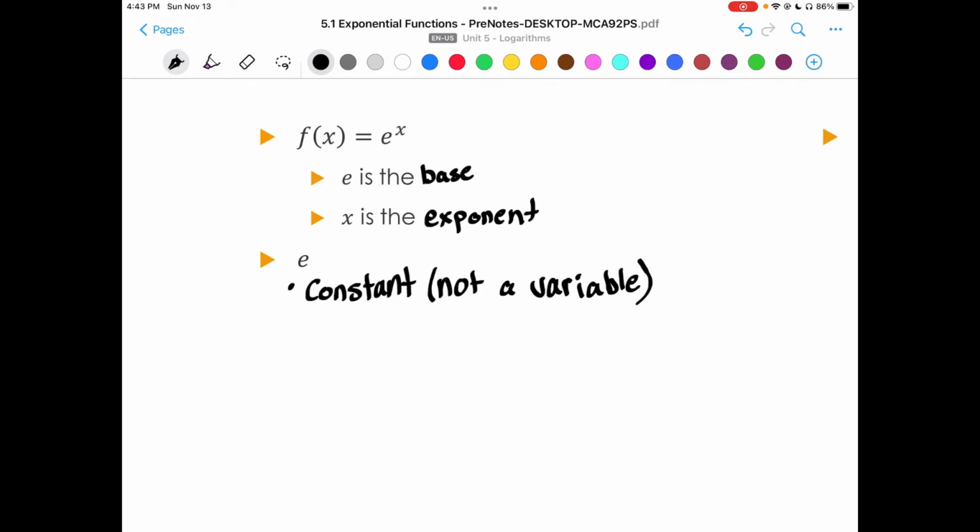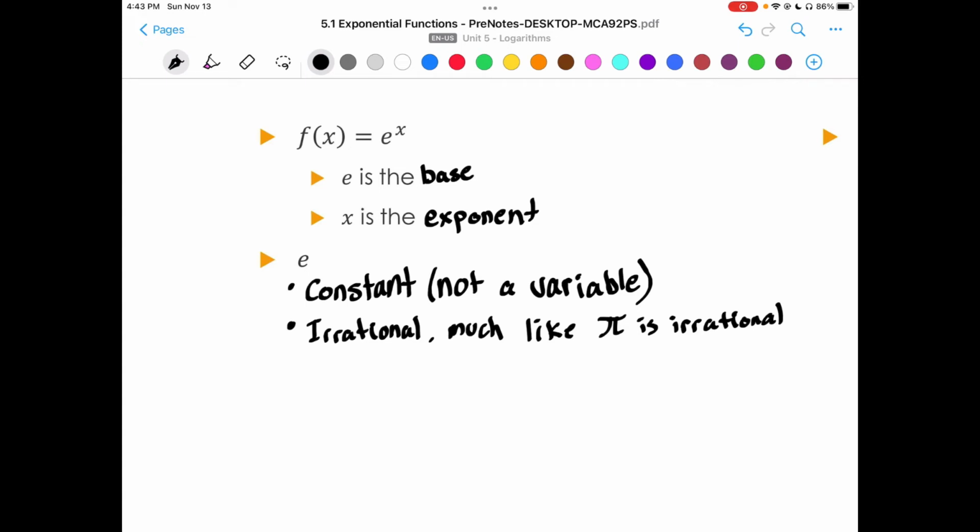This e is a constant, it's a number. It is an irrational number, much like pi, meaning the decimal for it goes on and on forever. It doesn't repeat itself, and it's just a random string of numbers that goes on forever.